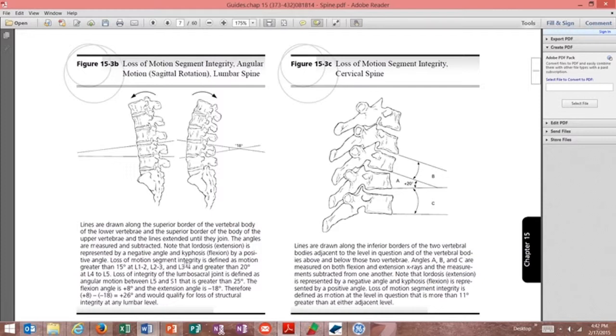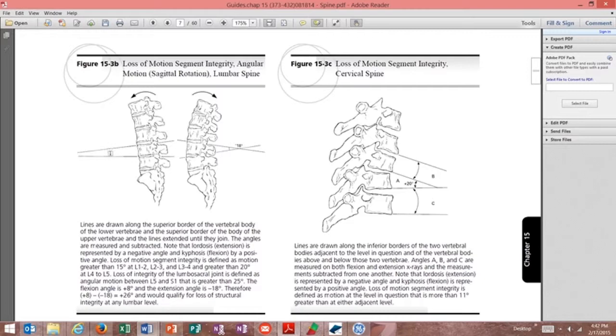Let me point out a couple of distinctions here. In the lumbar spine, we use the superior end plates. We draw a line across the superior end plate of one vertebra and the superior end plate of the vertebra below. We measure our angle, and you'll notice that this would be the flexion angular measurement.